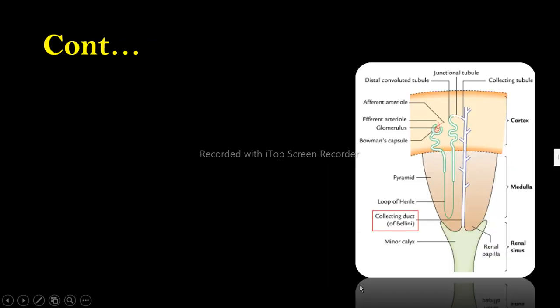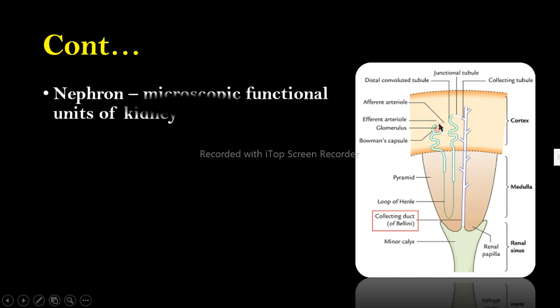Now, let's talk about the pyramid and have that basic understanding. Like we said, the outer layer is the renal cortex, then the middle layer is the renal medulla. I think it comes from middle, renal medulla.